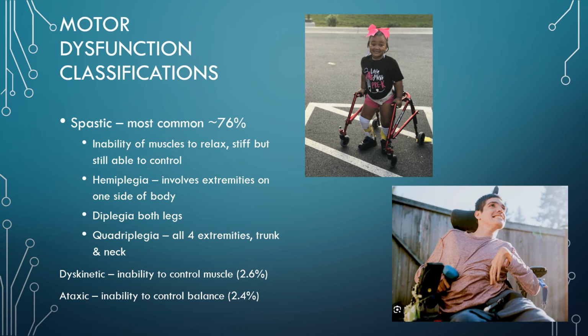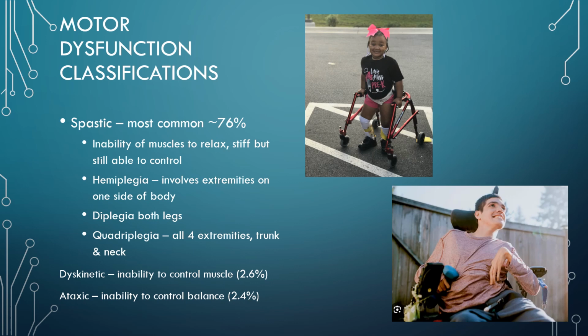The most common type of motor dysfunction is what we call spastic, and that is defined as an inability of the muscles to relax. You can still control them, so you can make that attempt to move or walk, but the muscles are very, very stiff and tight.